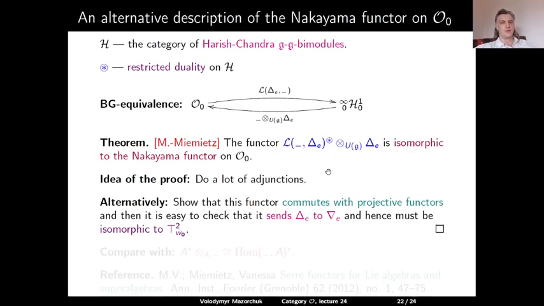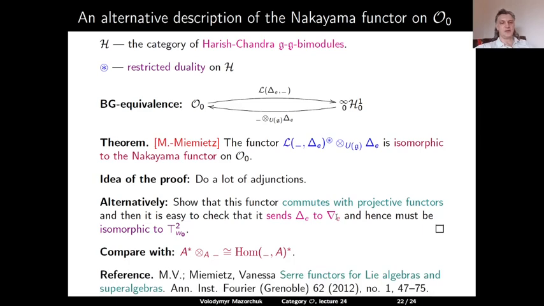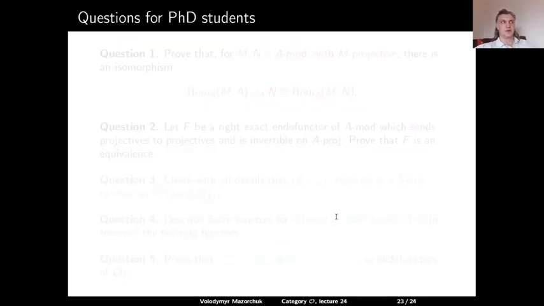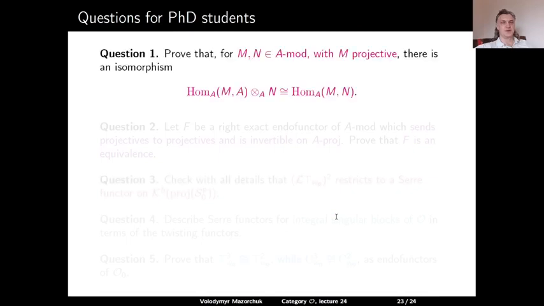And this form of the Nakayama functor can be compared with the alternative description of the Nakayama functor. So this L blank delta E, and then taking the restricted dual, should remind you of home over A blank A, and then taking the dual. So this theorem is proved in my paper with Vanessa, which is called Serre functors for Lie algebras and superalgebras from 2012. Let us finish with a couple of questions for PhD students.